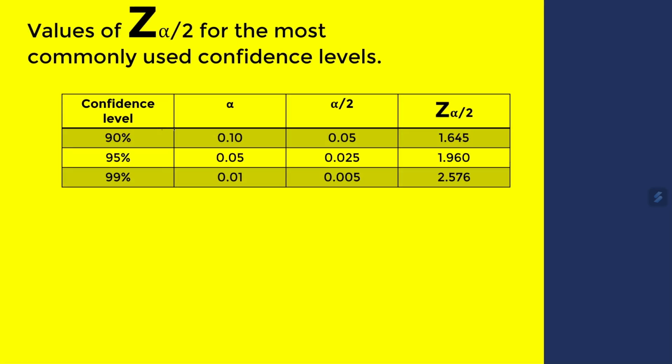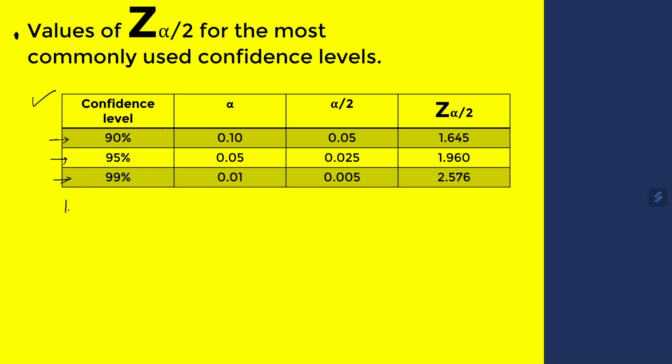So here is our important table. What I have written over here is values of Z alpha by 2 for the most commonly used confidence levels, which are 90%, 95%, 99%. We talked about the 95% confidence level and we didn't talk about these.